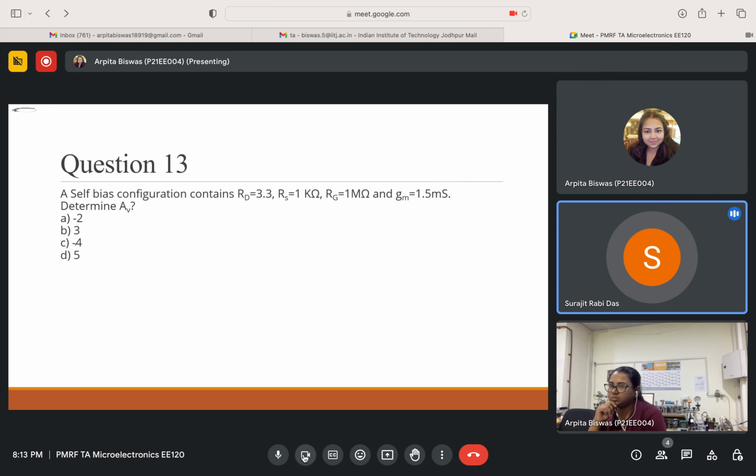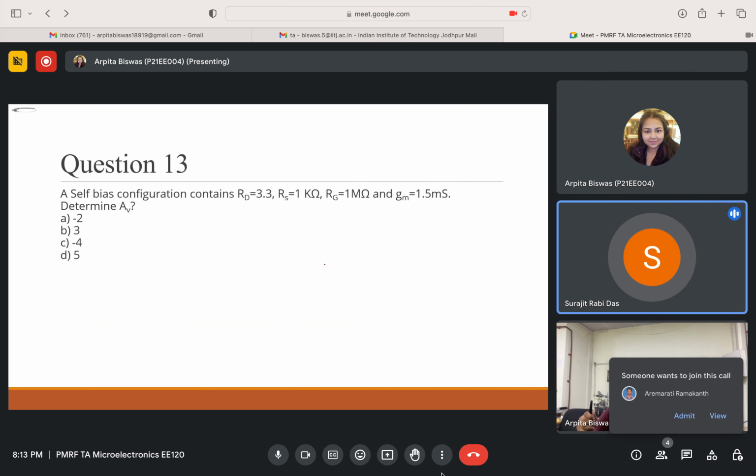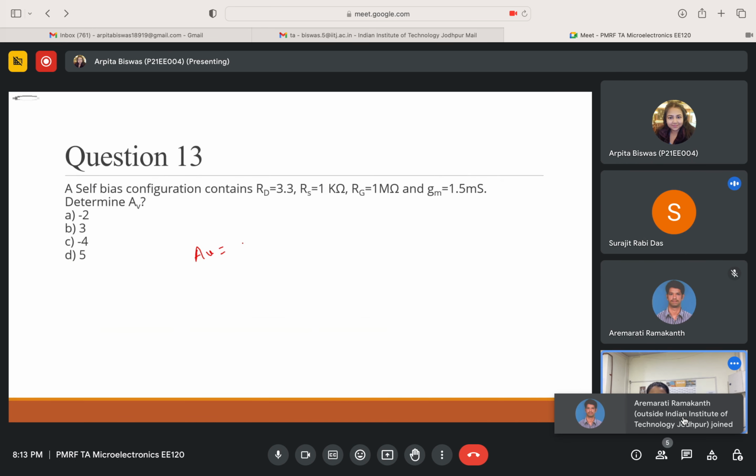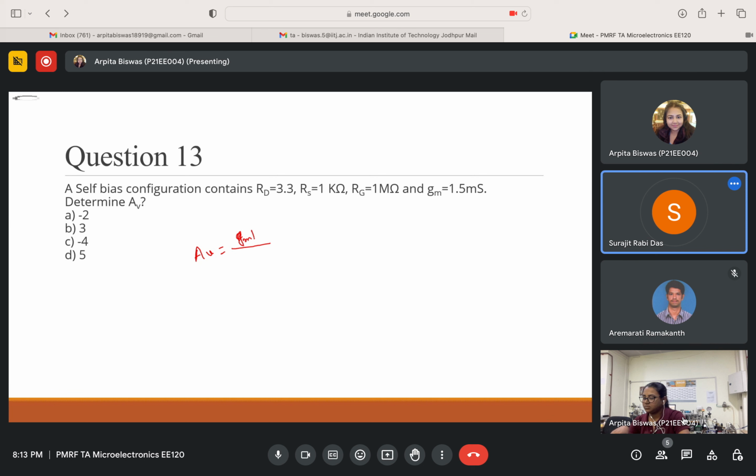In self bias configuration the gain will be less, meaning AV equals minus gmRD by 1 plus gmRS. That factor reduces the gain. Now tell me what is the value of it.